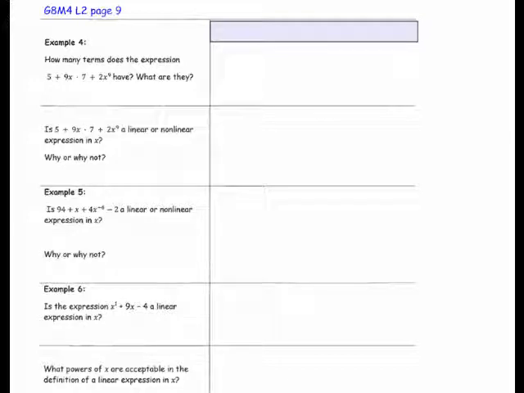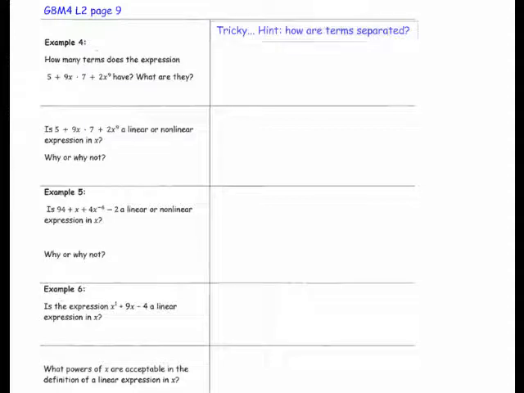Example 4. How many terms does the expression 5 plus 9x times 7 plus 2x to the 9th have, and what are they? This is a tricky problem. Think about how terms are separated. Terms are separated by a plus or minus sign.